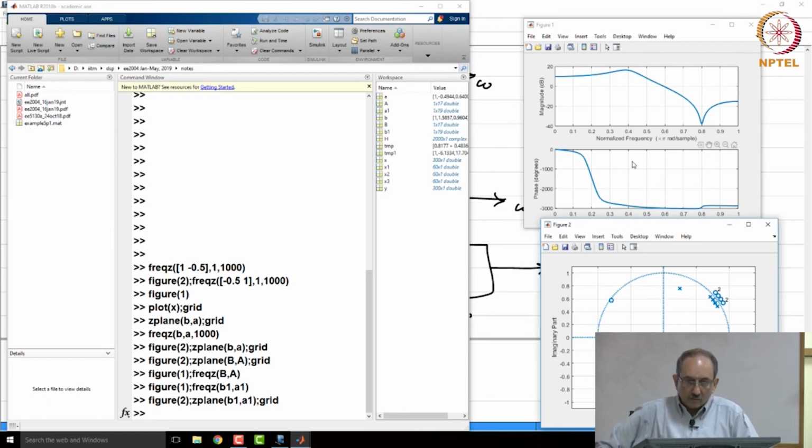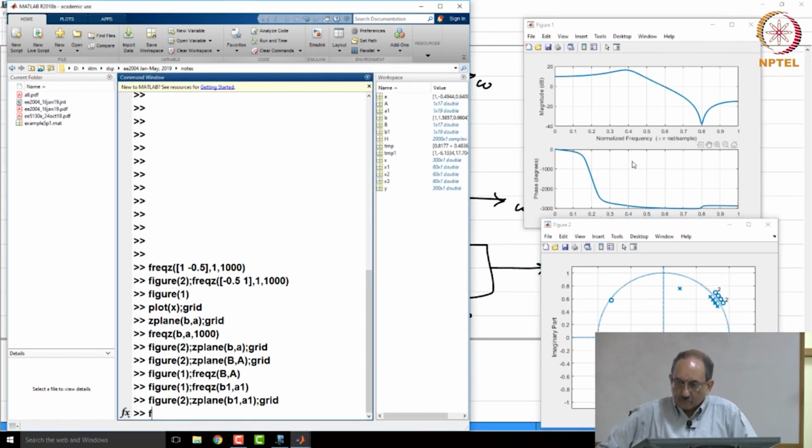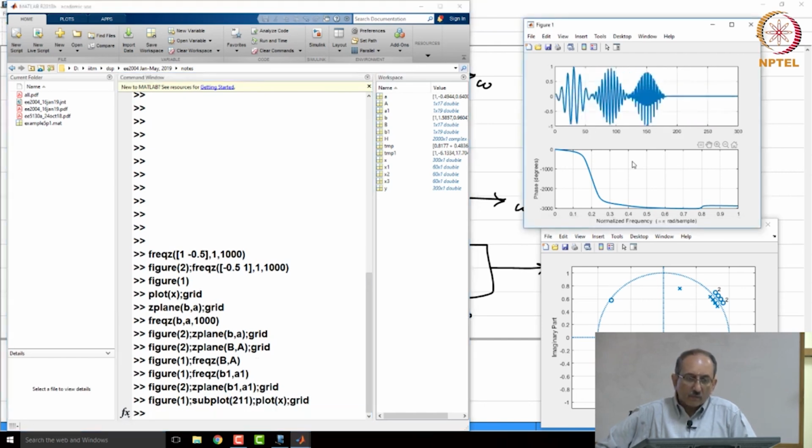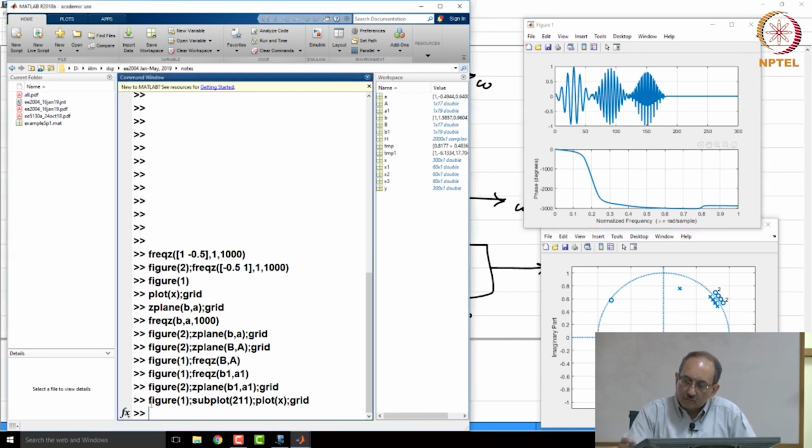So, this is what I had shown earlier, the input. Now, I am going to form the output Y. I am going to filter it.